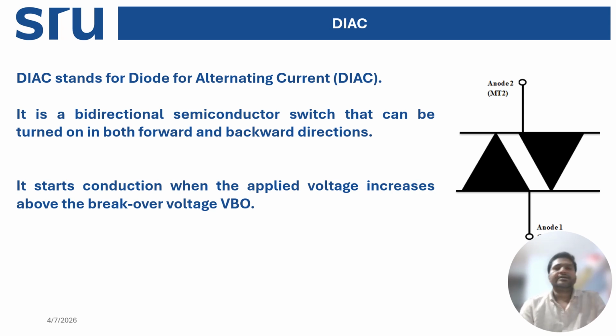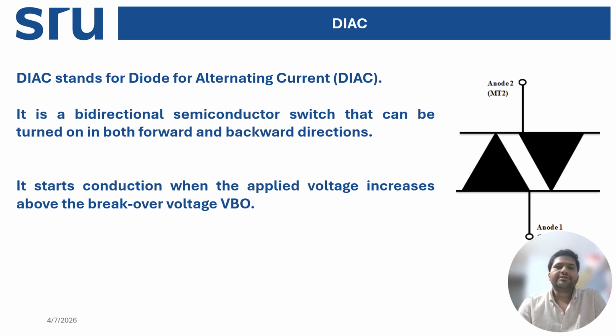So a DIAC is a symmetrical device that allows current to flow in both directions only after a certain voltage is reached. It behaves like a switch that turns on at a specific voltage called breakover voltage.